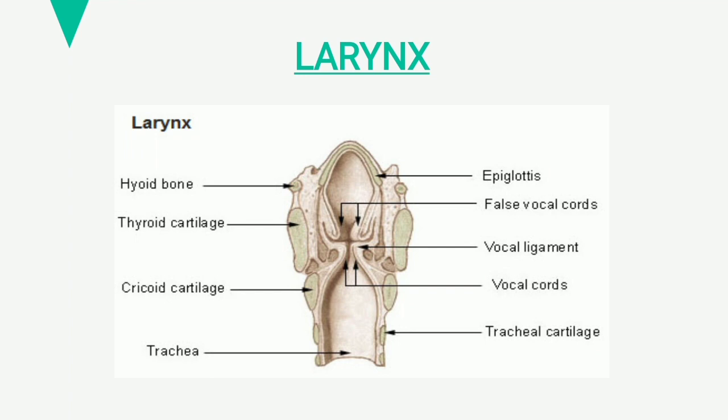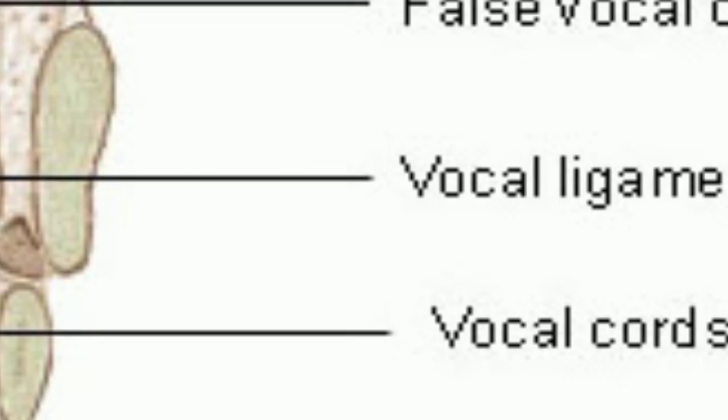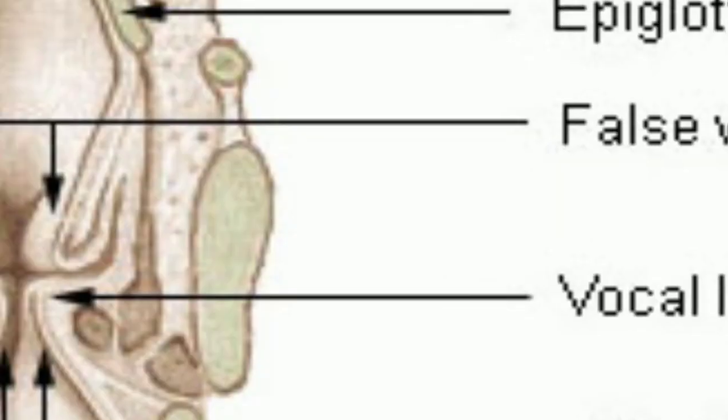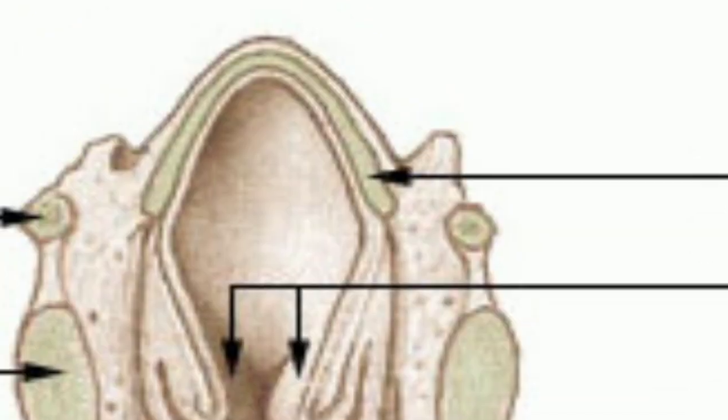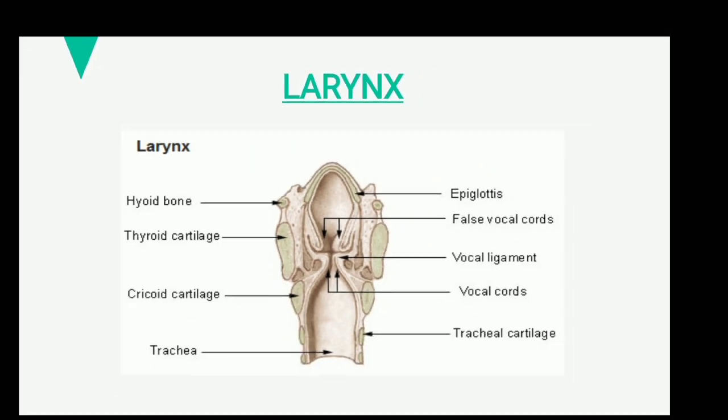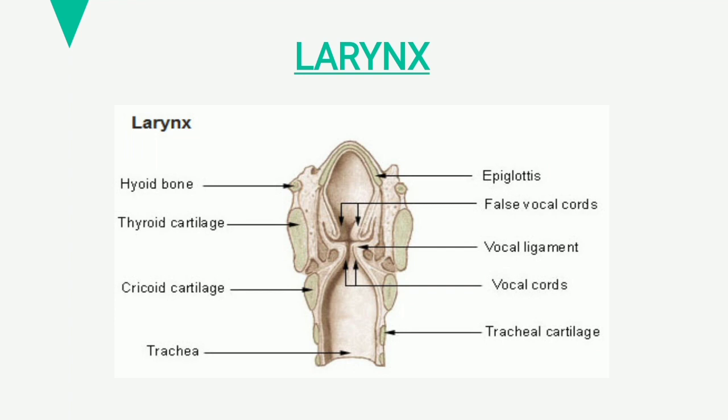The epiglottis is a leaf-shaped fibroelastic cartilage, as you can see in this structure. The epiglottis acts as the lid which closes off the larynx when we are swallowing food, so that the lungs are protected from the accidental inhalation of food.